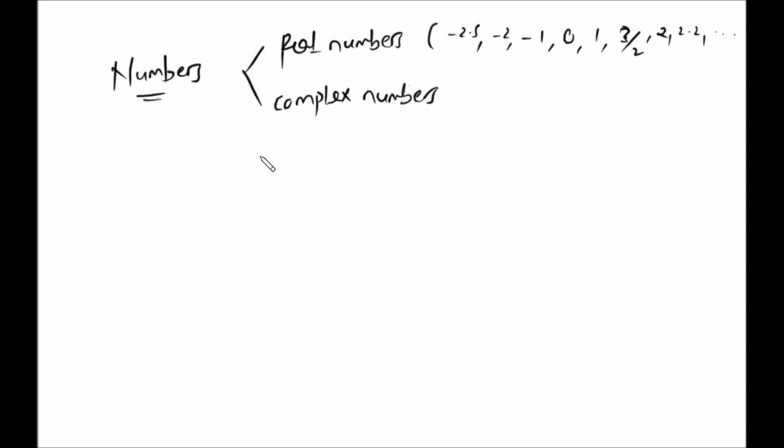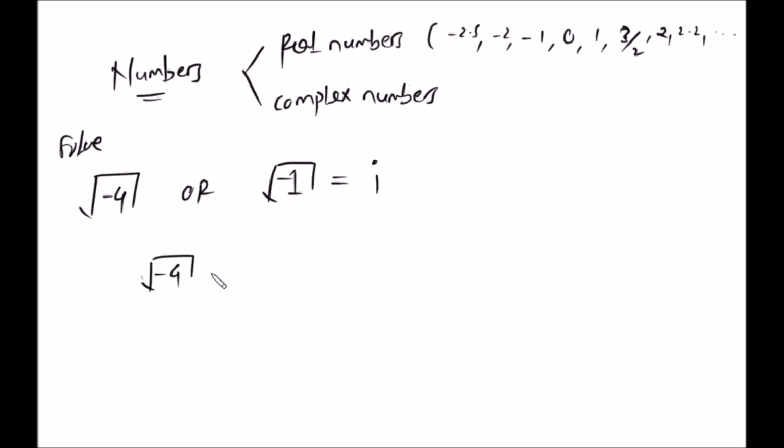Complex numbers je, ni zipi? Ushaye kupewa tafuta square root ya -4, si ndio? Au tafuta square root ya -1. Olevo sasa utasema is impossible. Lakini hapana, square root ya -1 ni sasa na i. Hii i tunaita complex number. Lakini square root of -4 ni sasa na nini? Ni sasa na square root ya 4 times -1. Si ndio? 4 times -1 is -4. Ambayo ni sasa na square root of 4 times square root of -1.